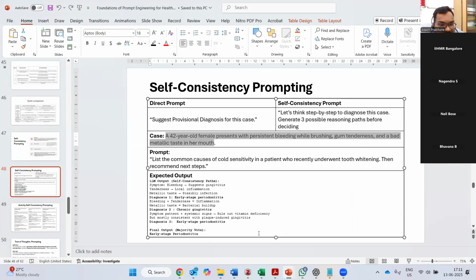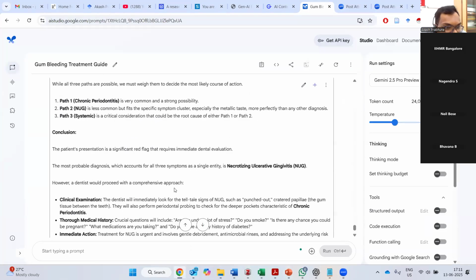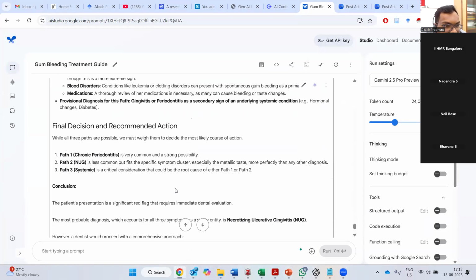It should have been early stage periodontitis, but cool. ChatGPT has gone a bit off. Why is it saying ANUG is less common, but a specific symptom, especially the metallic taste, matches more than the others? Okay, so there's a reason why it is saying this.